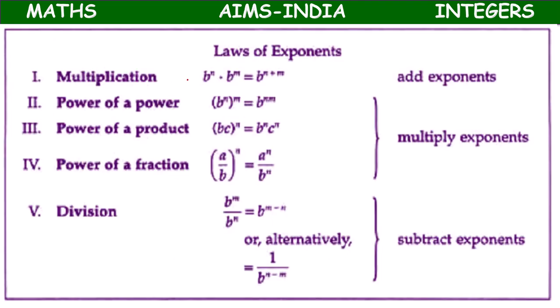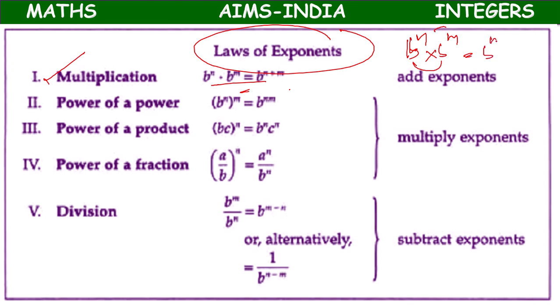Next, we have some laws of exponents. The picture has no clarity, children, so I write here. Multiplication: b power n into b power m, same base, then powers are added, n plus m.